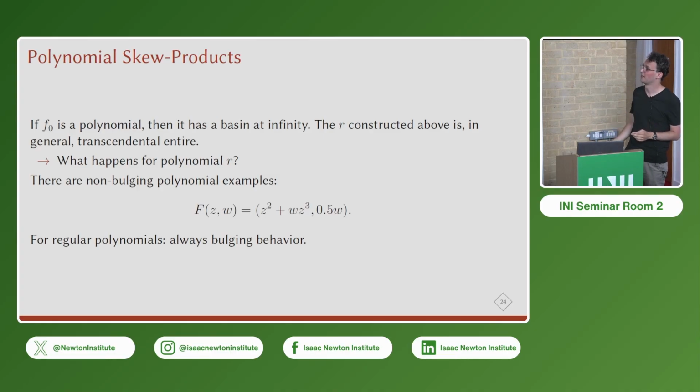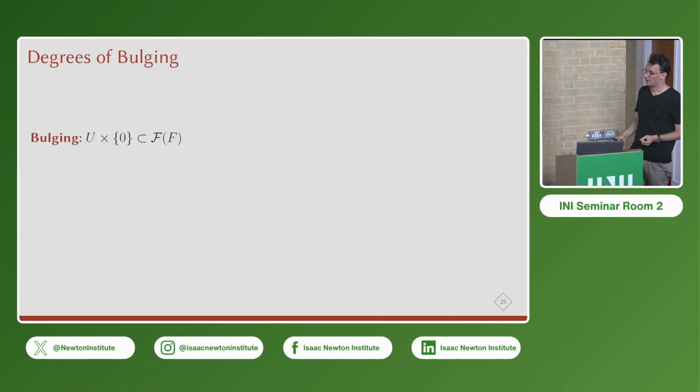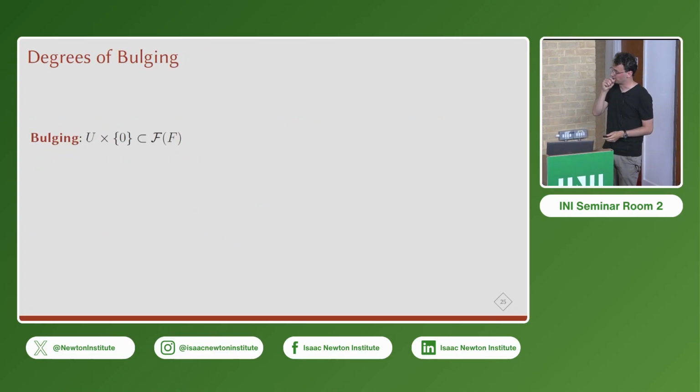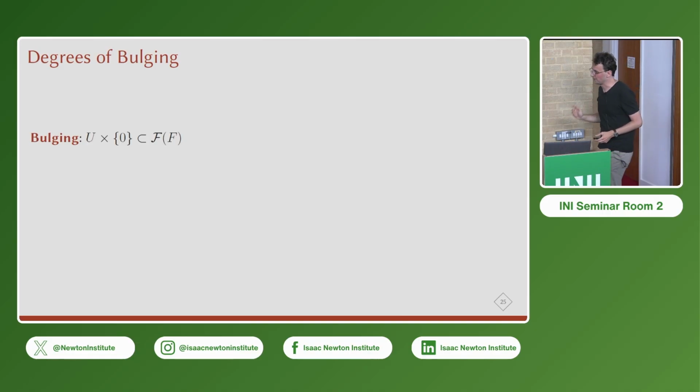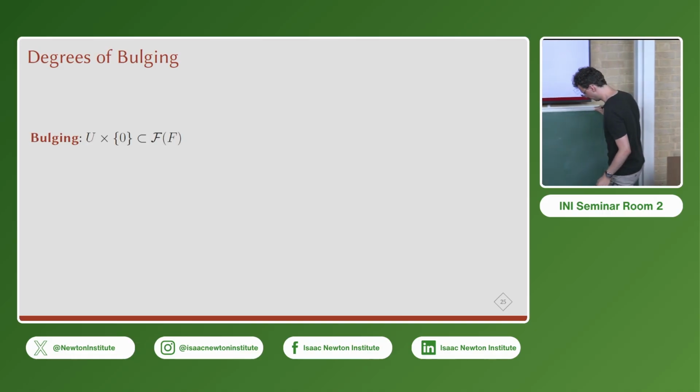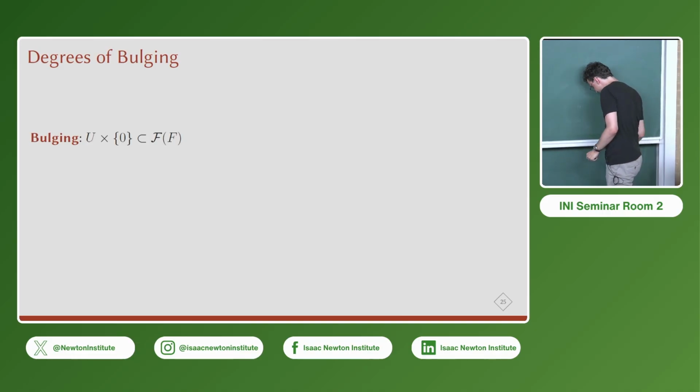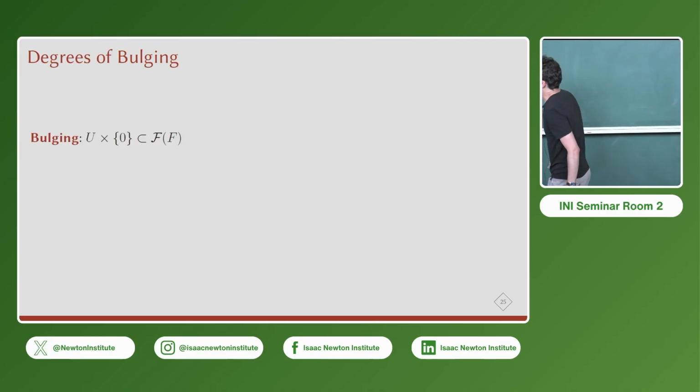This is the first question. Then the second one I want to talk about is degrees of bulging. And maybe I can use a blackboard for this one, just to illustrate something.